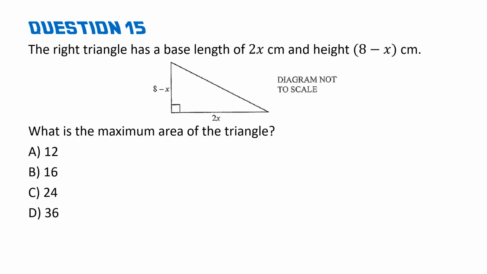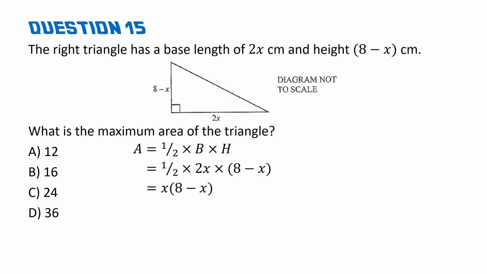So what we want to do is work out the maximum area of the triangle. Well, what is the area of a triangle? Hopefully we remember, area of a triangle is half times base times height. Well, my base is just 2x and my height is just 8 minus x. So I can now multiply these things together. So a half times 2x, well, that's just going to leave me with x.